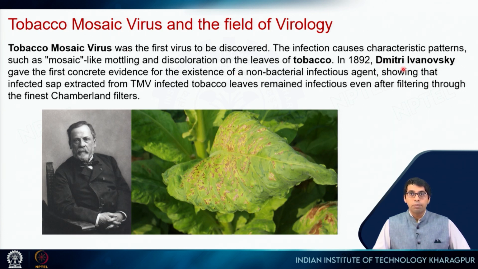In 1892, Dmitry Ivanovsky gave the first concrete evidence for the existence of a non-bacterial infectious agent, showing that infected sap, which was extracted from these infected tobacco leaves, infected other tobacco leaves even though you filter this sap through a filtering agent. This means that there is something even smaller than known bacteria that can infect, and that is how the first virus was discovered.